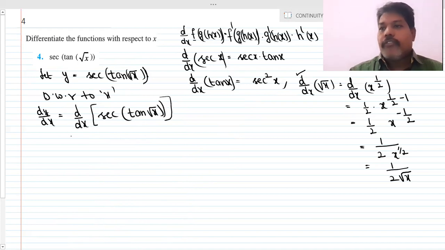Here this is f, this is g and this is h. First you have to differentiate f. The derivative of secant x is secant x into tan x. So you will get secant of tan of root x, into tan of root x.